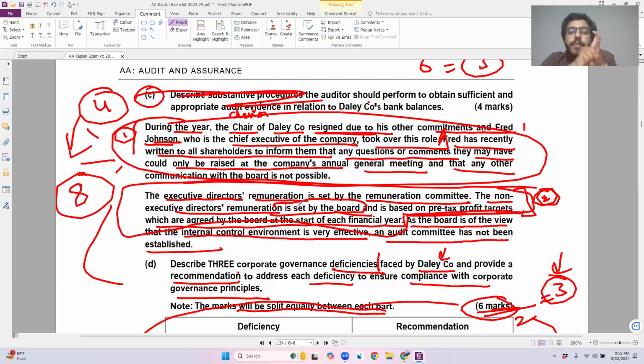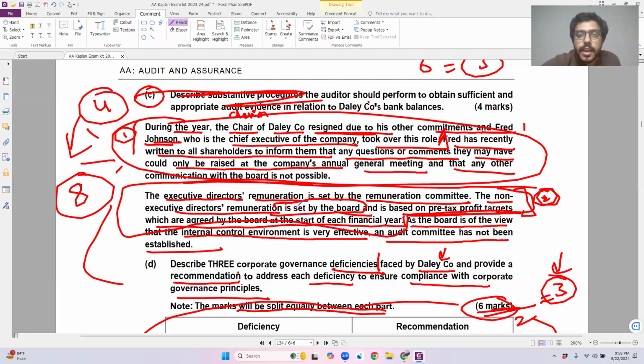The number two thing: when the external auditor comes in and sees that there is no audit committee within the company, he also knows that there will be lots of issues within the internal controls, because again there is no independent person looking over the internal controls.